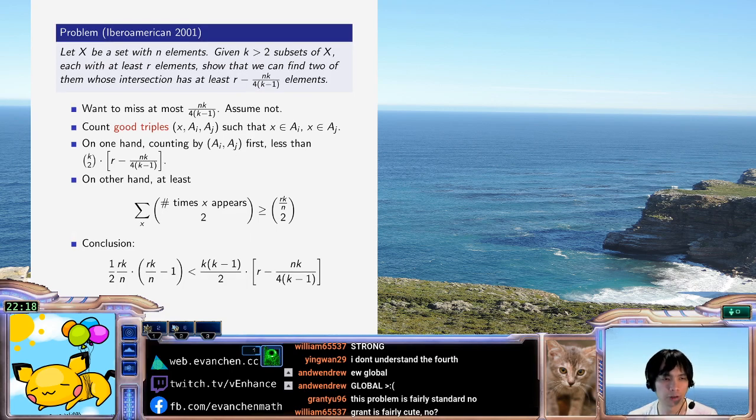On the other hand, if I pick by X, the number of triples generated for every element X is the number of times that element appears, choose 2. For example, if the element X appears 5 times, it will appear in 10 triples. So it's equal to this sum across the n elements.